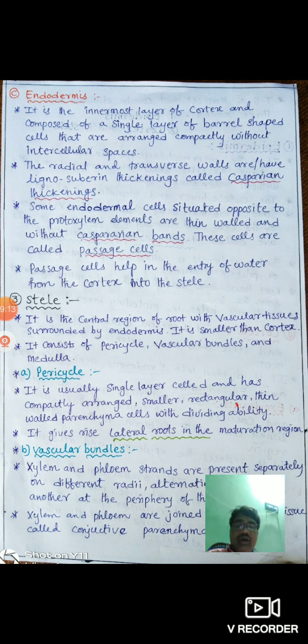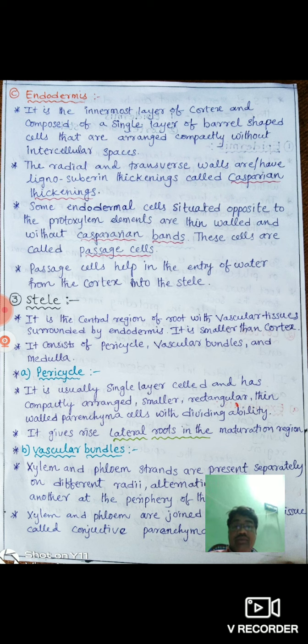Next region in the cortex: the endodermis. The endodermis is the innermost layer of the cortex that encircles the stellar region. It has compactly arranged barrel-shaped cells without intracellular spaces.